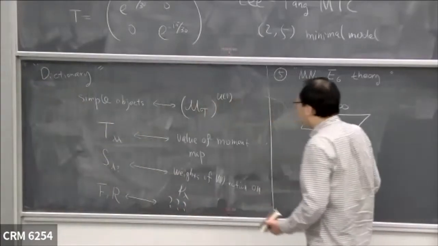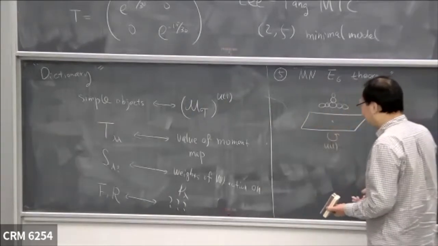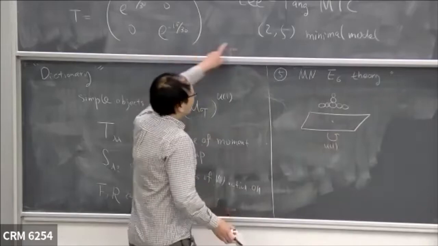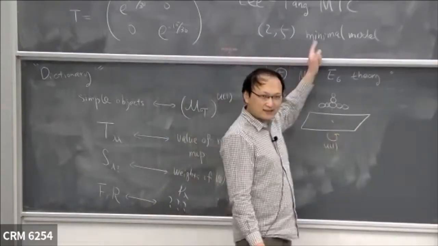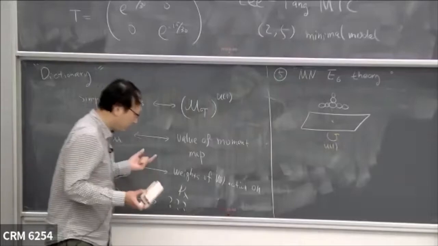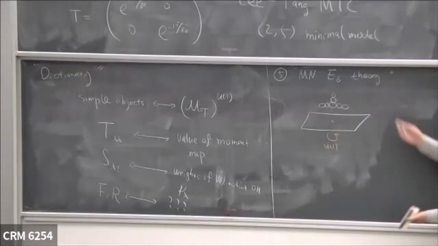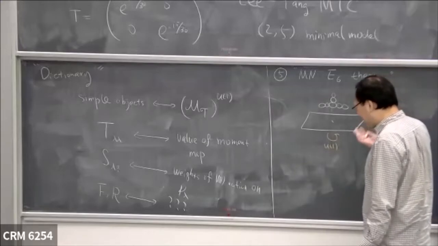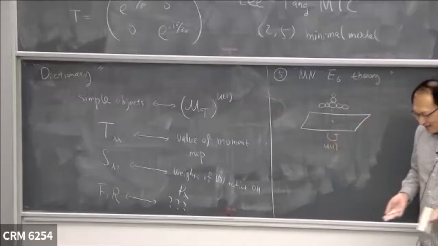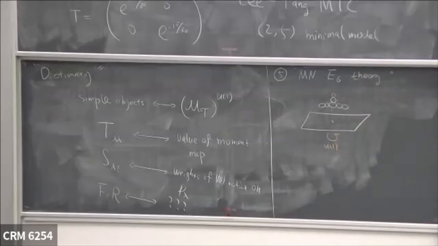So what is actually going on here? Why are we getting this particular modular tensor category? So as you have heard from Tomoyuki last week, for superconformal theories in 4 dimensions, one can get some VOAs. And the 2,5 minimal model is exactly what you get here. But as you heard last time, there's a close connection between the Higgs branch of the theory and that chiral algebra.